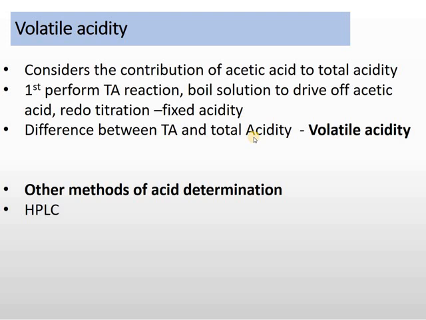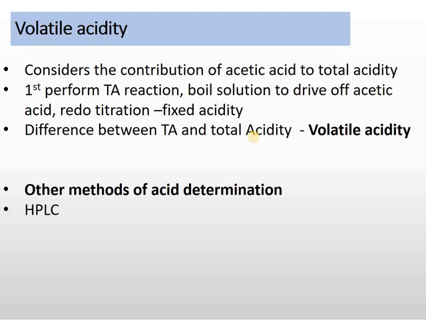And then lastly, we have what we call your volatile acidity. Volatile acidity is related to your TA. However, it actually considers the contribution of acetic acid to the total acidity. So how to go about determining this? You first perform the titratable acidity reaction, and then you take the juice and boil it. By boiling it, you are driving off the acetic acid.